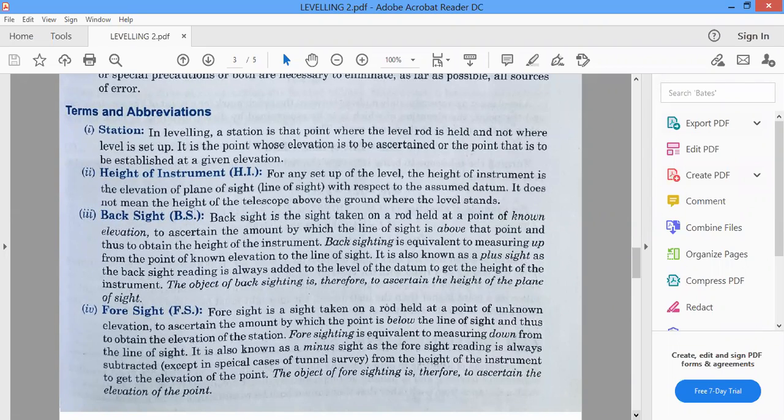Station is that point whose level you will be calculating, that is where you will hold the staff. A station is the point where you hold the staff. So it is the point whose elevation is to be ascertained, or the point that is to be established at a given elevation.